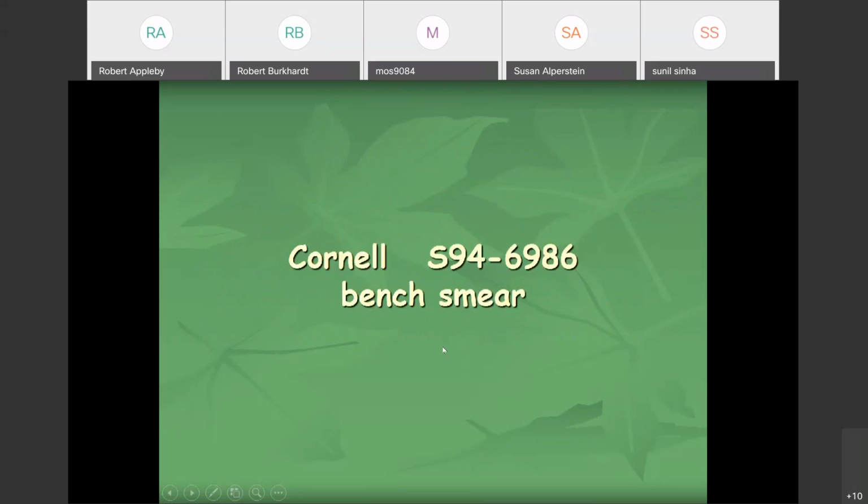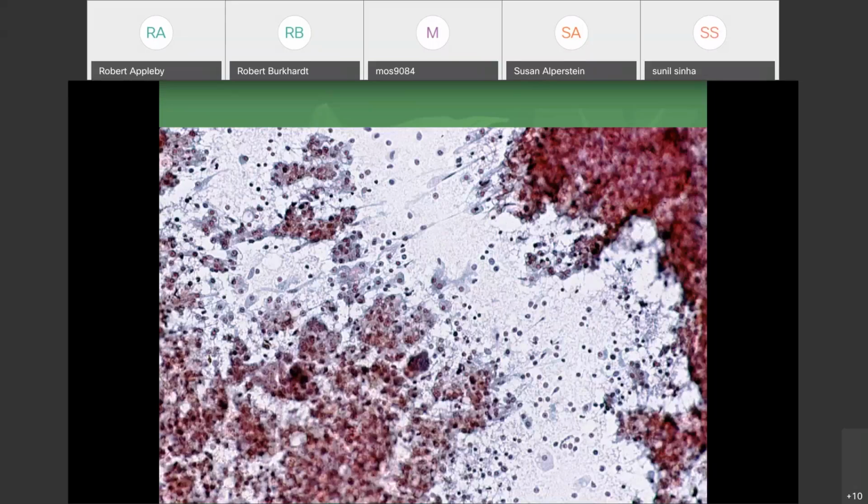And while I was at Cornell, at that time, cytology was in Stat 10 next to surgical pathology. So I did a lot of bench smear because you always know the recut, the tissue follow. So the bench smear I did, it's hepatoblastoma.